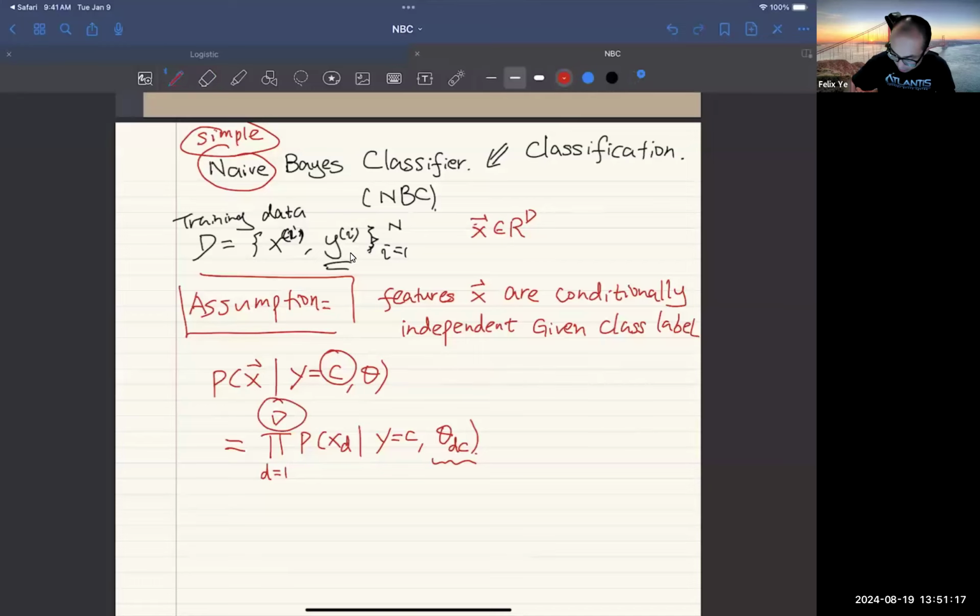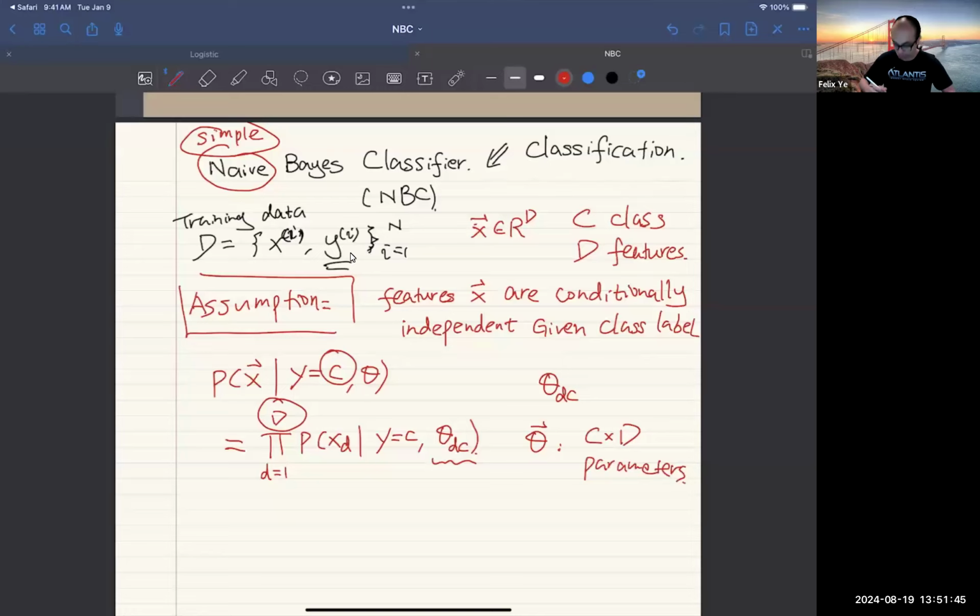So here we assume we have C classes and D features. That means we have parameters theta_dc. In total, this theta is C times D parameters. This is quite small compared to other models that we're working with. We only have C classes and D features.